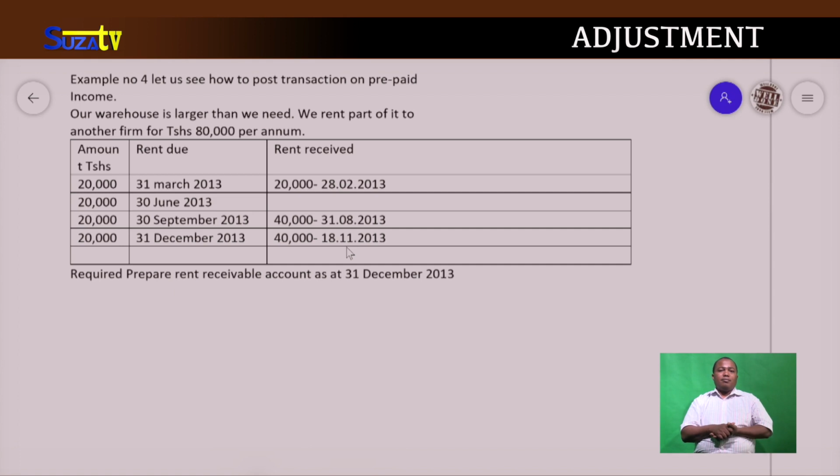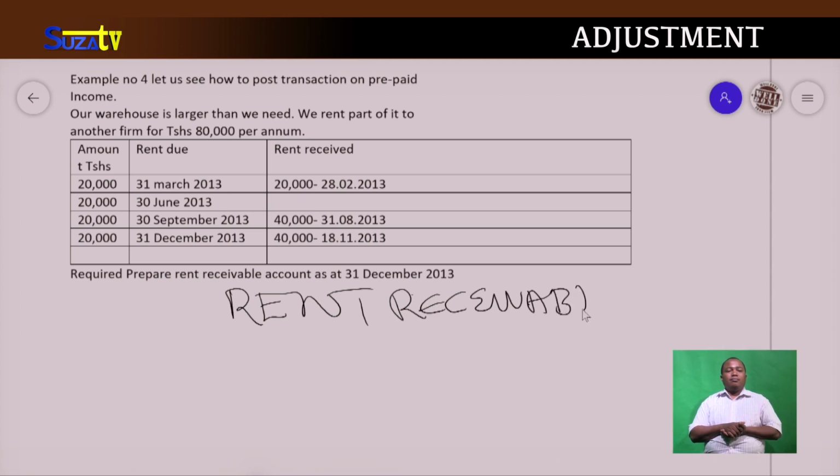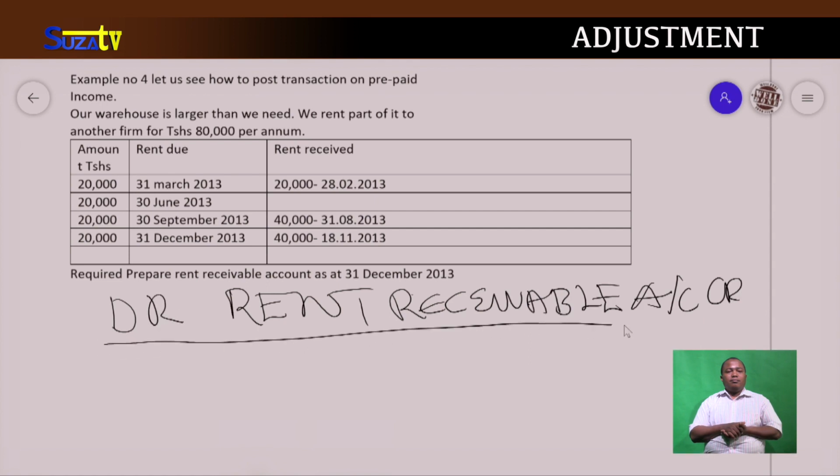Okay, first of all, write an account known as rent receivable. Credit, debit.